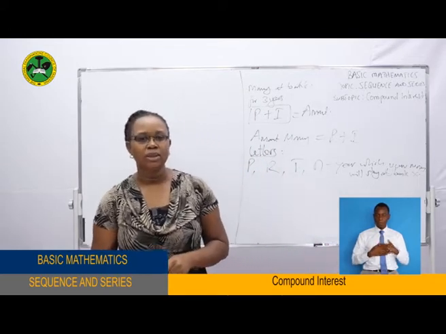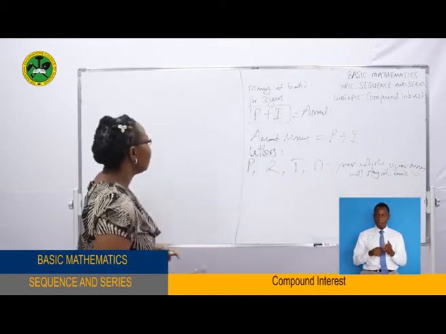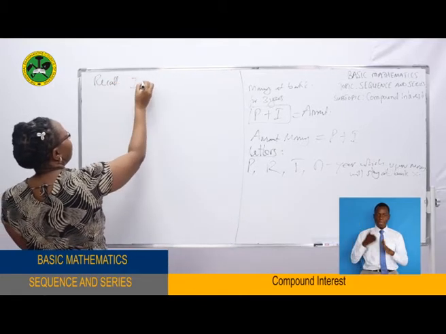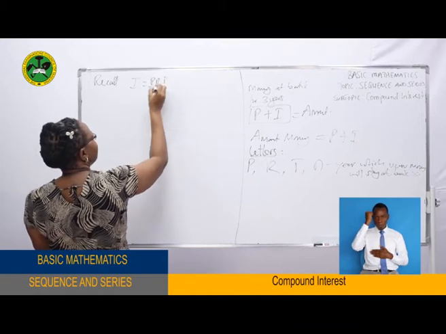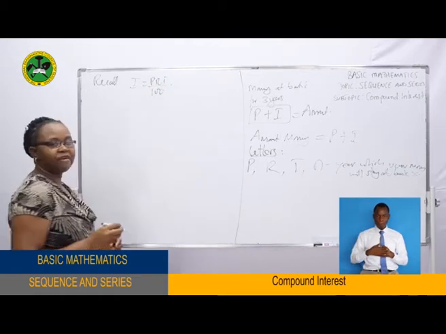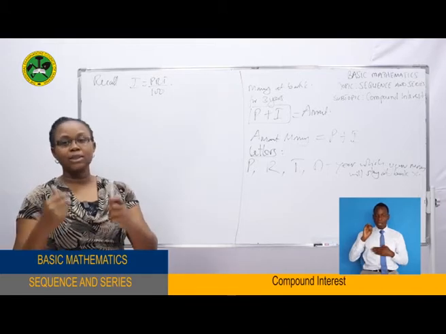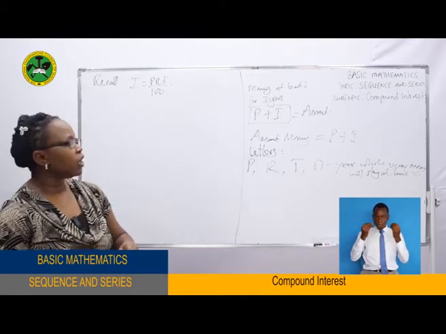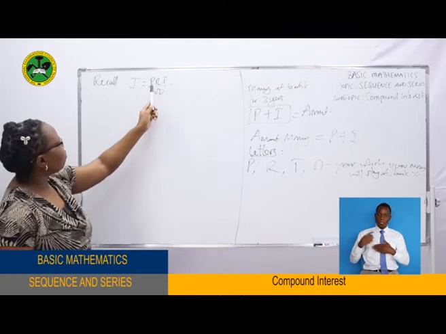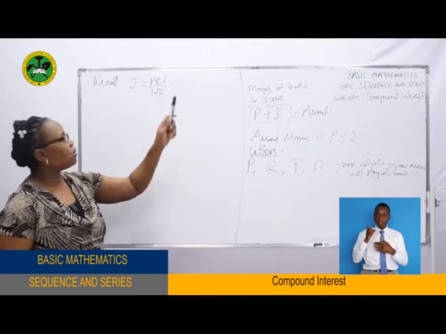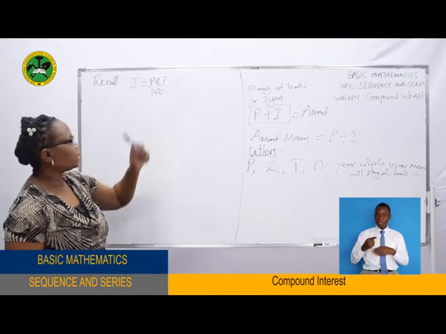My dear students, to derive this formula, we first recall the formula of interest, which we learned when we were in Form 1. Interest is equal to PRT over 100, where P is the principal, R is the rate, and T is the time.